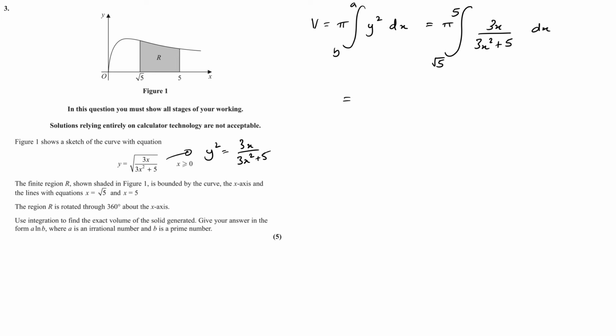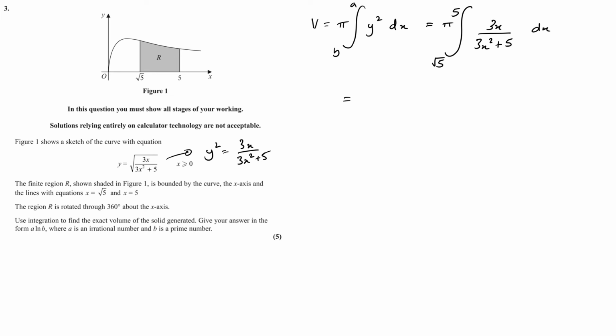Now, if you have a little look at this one, you'll notice that if I differentiated this bottom, it would give me something like this top. So what that means is that this is probably going to be one of those ones that you can do, because it's like the top's the differential of the bottom, so it should be an ln answer. So what I'm going to do is do this in another colour.